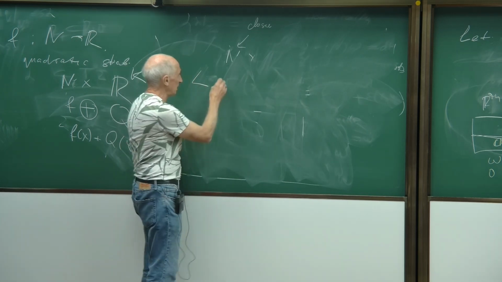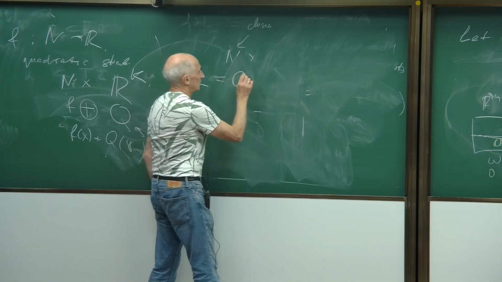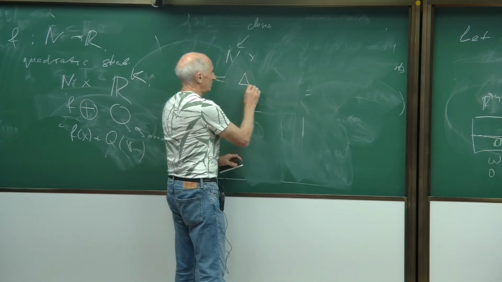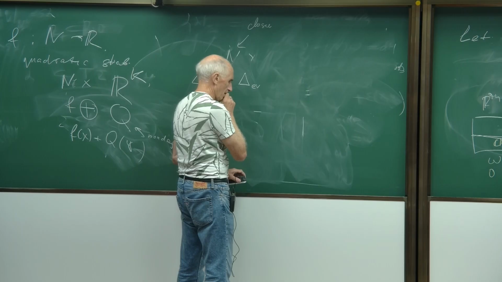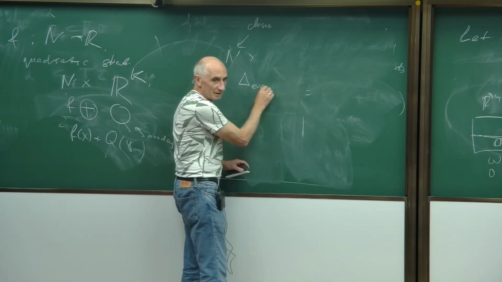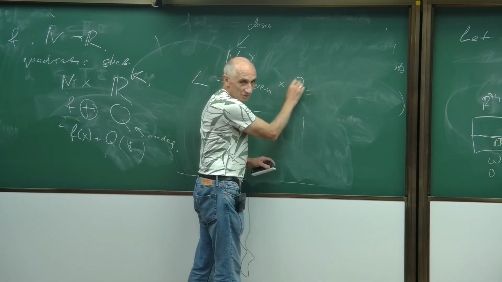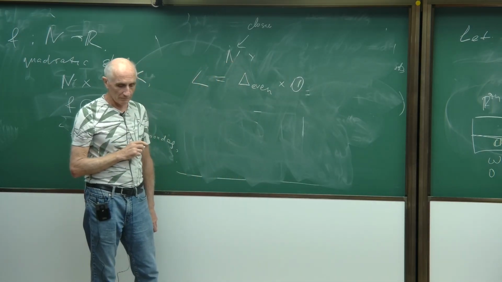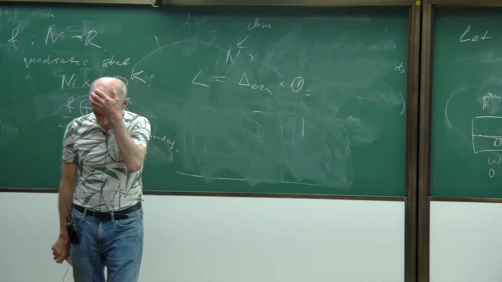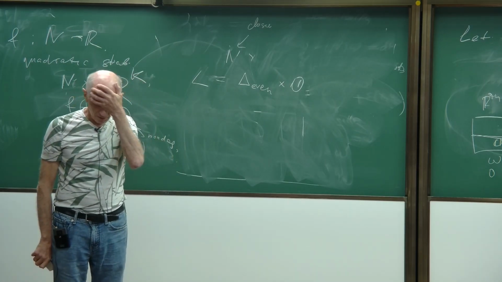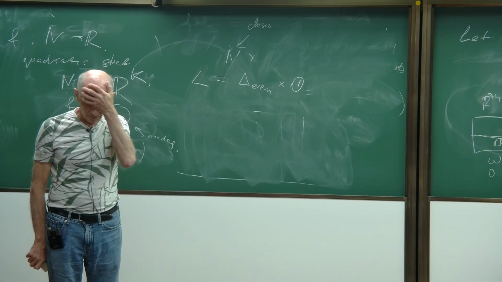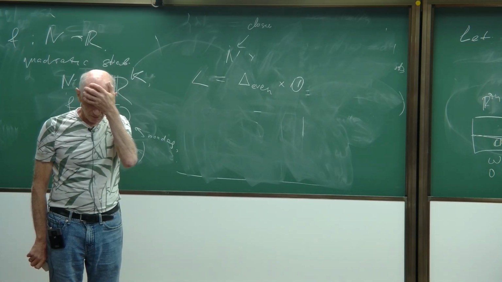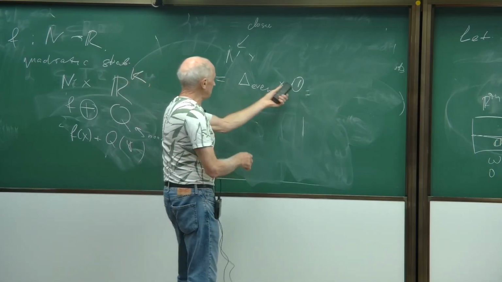You take the zero, this delta even times 0, you take a 0 times graph.